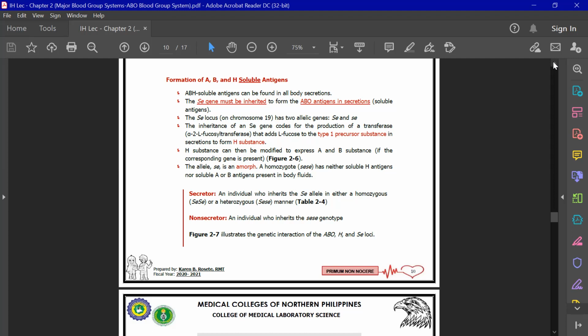Nakukuha nyo yung difference? Naiintindihan nyo? Class, the same story with that kung paano na-form ang ating ABH red cell antigens. Dito nga lang class, dito sa formation ng ating ABH soluble antigens, we are dealing with the type 1 paragloboside or type 1 precursor substance.